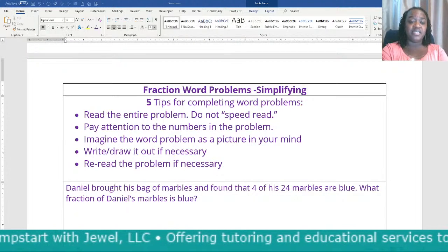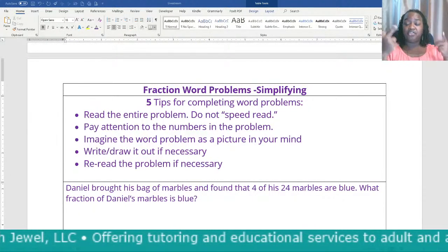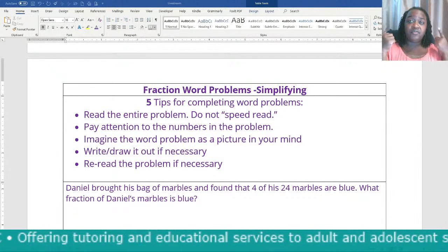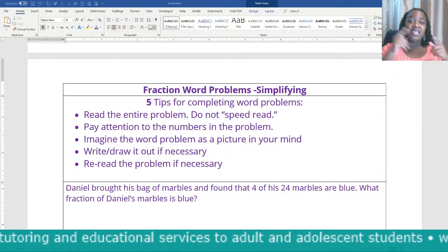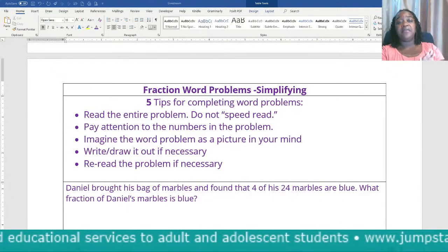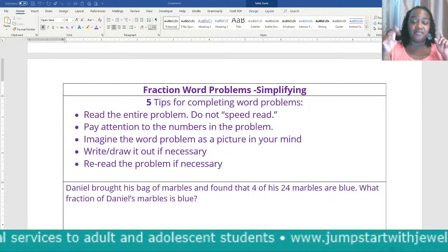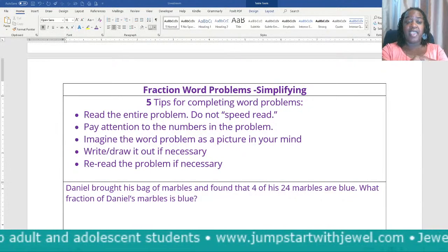The third tip is to imagine the word problem as a picture in your mind, as a picture or as a scene. If you think about it as something that you can see in your mind, it will make more sense. Trust me. That may sound a little weird. Maybe you've never heard of it like that, but if you can picture it in your mind as something that somebody is doing, it will make more sense, okay?